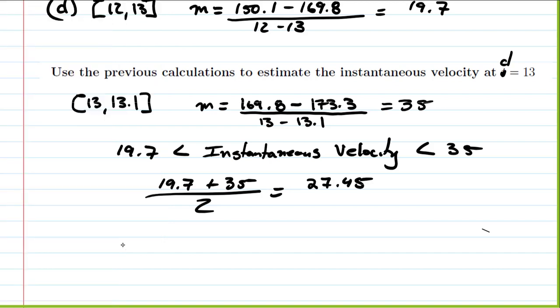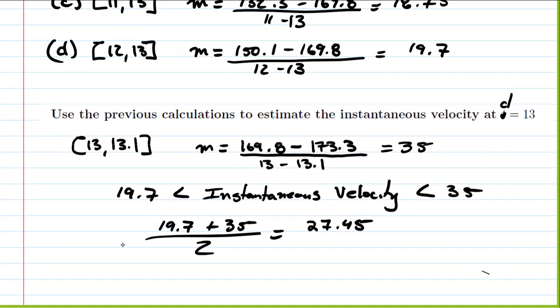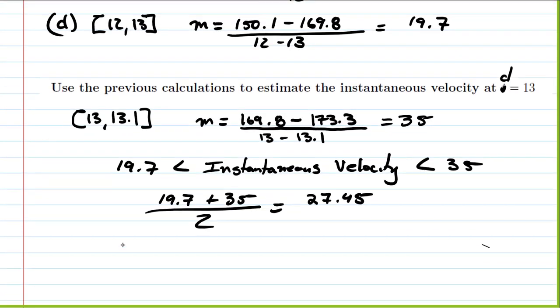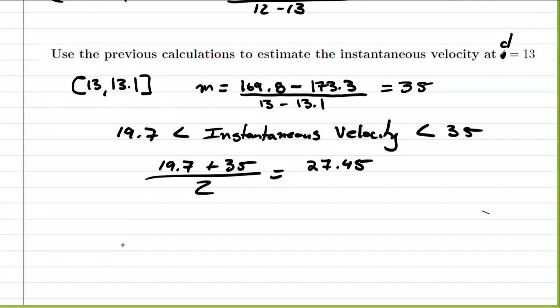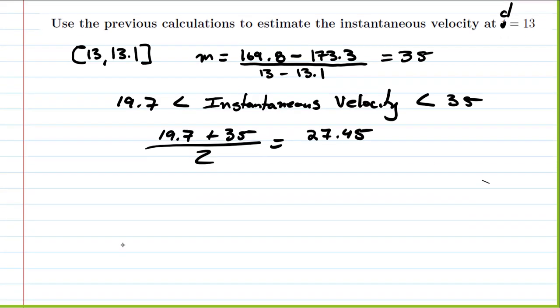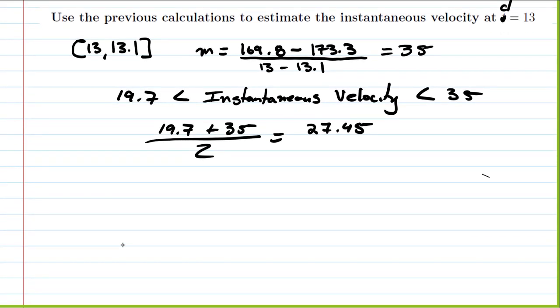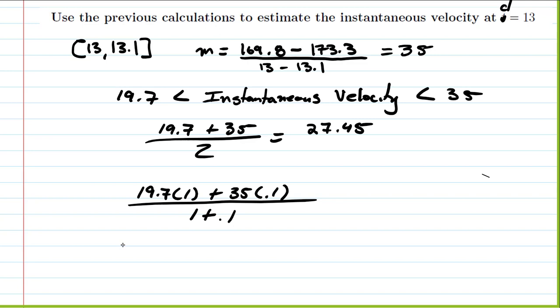Which would be one way to do it, but since the lengths of these intervals are not equal, a weighted average might be better. So we can create the weighted average by doing 19.7 times the length of its interval plus 35 times the length of its interval divided by 1, which was the length of that interval, plus 0.1.